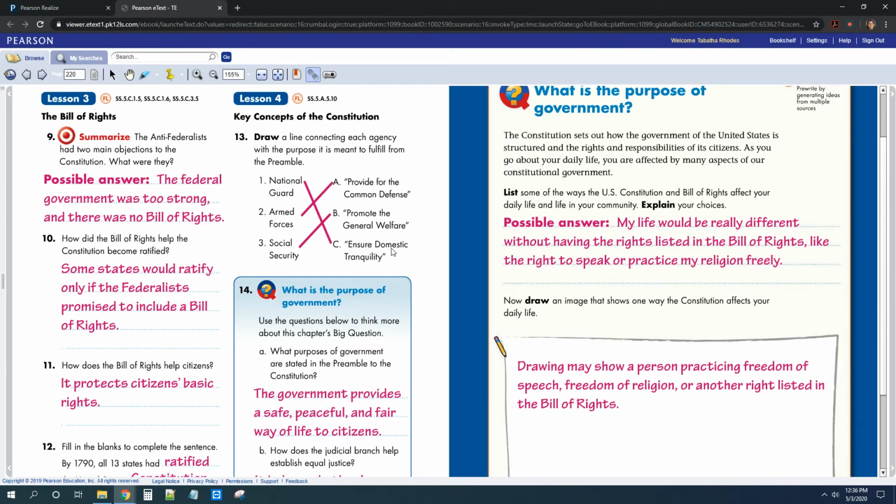So domestic is another word for home. Armed forces provide for the common defense. So they defend us here and in other parts of the world. And then Social Security promotes our general welfare. So it gives income to older people and disabled people so that they can be safe and have the money to buy food and pay their bills and that kind of thing.